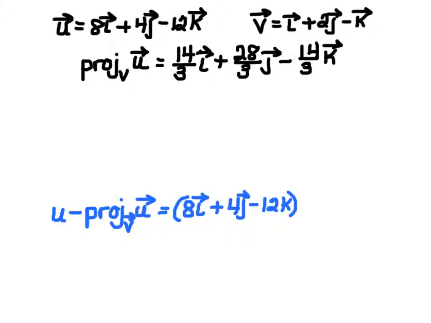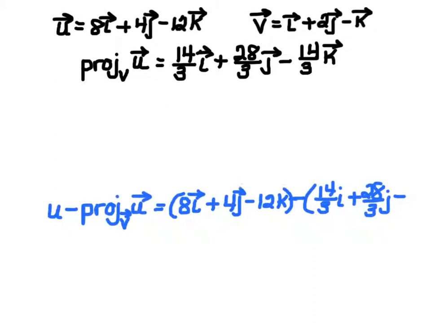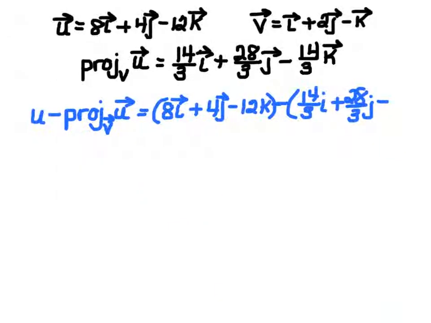And from that we want to subtract 14/3 i plus 28/3 j minus 14/3 k.